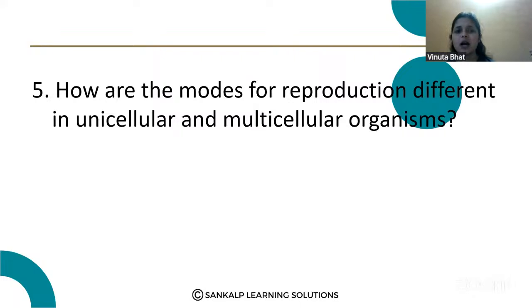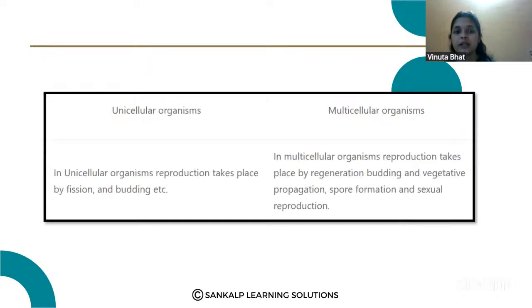Next question. How are the modes of reproduction different in unicellular and multicellular organisms? Here, in unicellular organisms, reproduction takes place by fission and budding.